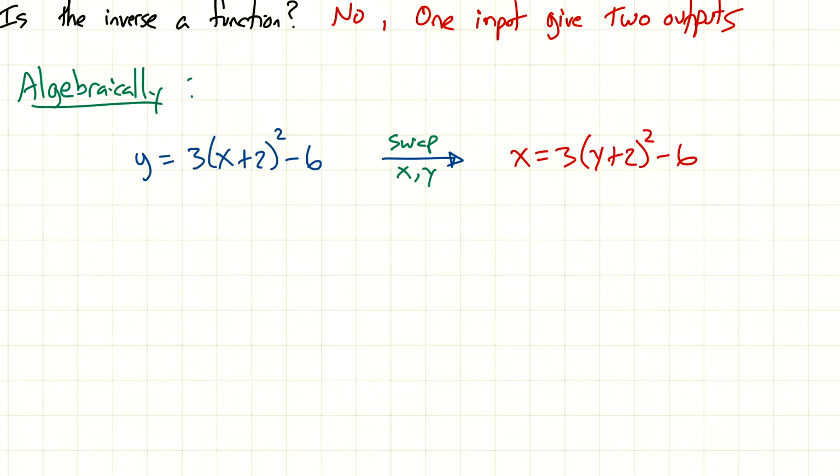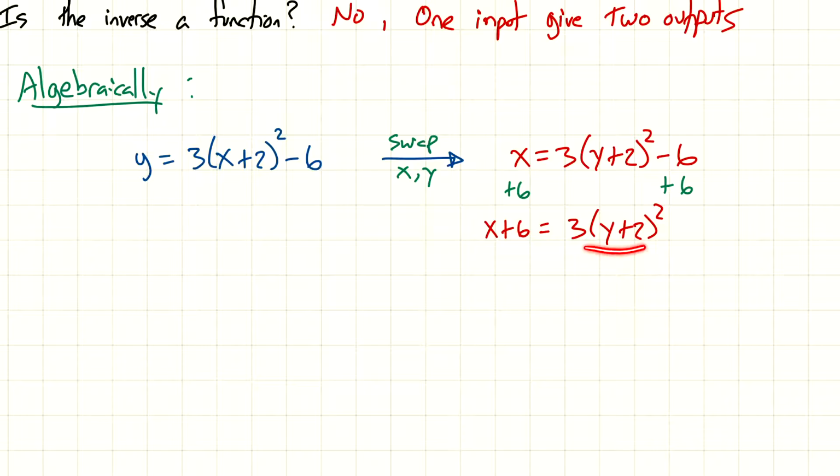A common mistake is to always want to work closest to the y, and in this case we want to start on the outsides and work our way in. So the easiest for us to deal with here is going to be to move that 6. So let me add 6 to both sides. This is going to give us x plus 6 equals 3 times (y plus 2) squared.